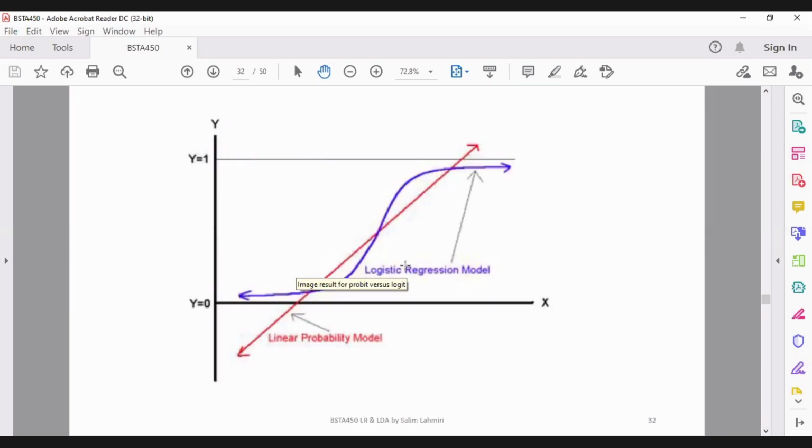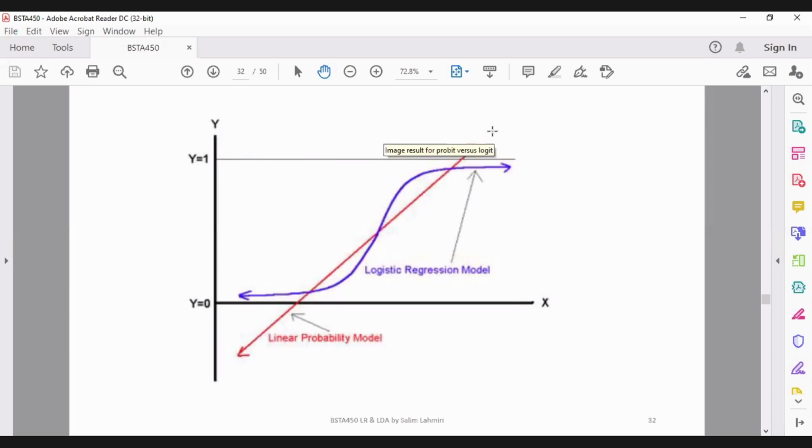This is an example showing the results from multiple linear regression. When you use multiple linear regression to calculate y, the corresponding y can be less than 0 or above 1.